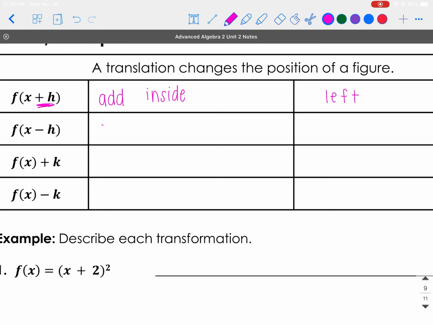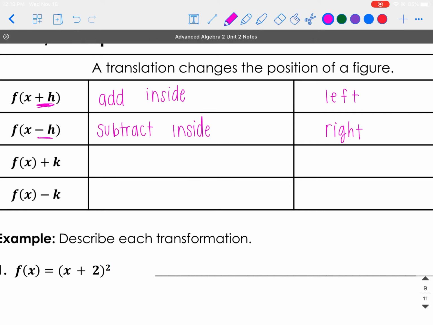If we subtract inside, that means we are moving right. So I'm subtracting inside of the parentheses, or inside of the square root, or inside of the absolute value bar.